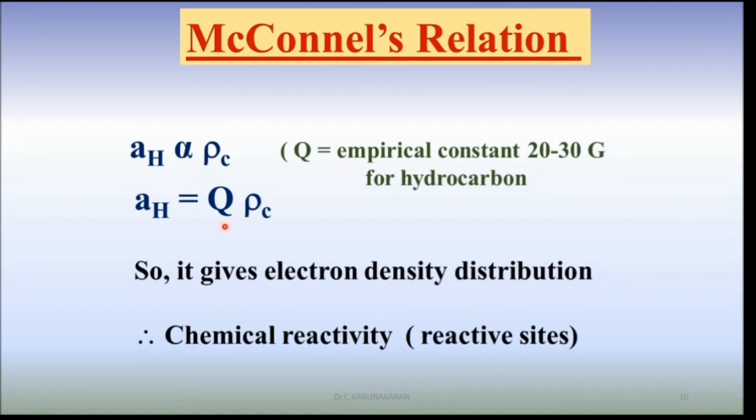A is equal to Q rho C, where Q is a proportionality constant. It is 230 Gauss. Using this expression, once you know the hyperfine coupling constant from the experiment and the Q value, you can calculate the unpaired electron density. Rho C will give the unpaired electron density distribution, using the chemical reactivity site.